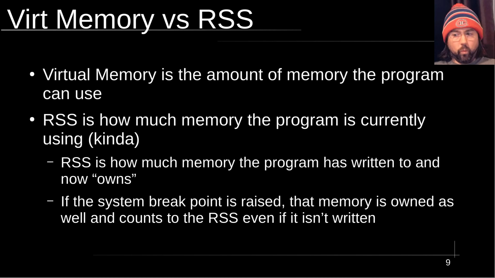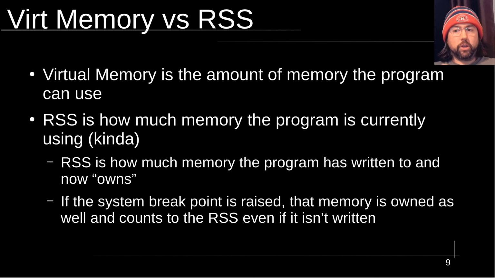So when you do a malloc inside of your C application, but you do not use that memory, you don't write to it, that is virtual memory, and you're taking up space in virtual memory. But this doesn't really impact anything. This isn't real. It's virtual. The RSS, the resident set size, is how much memory your program is actually using at any given point in time. Kind of.